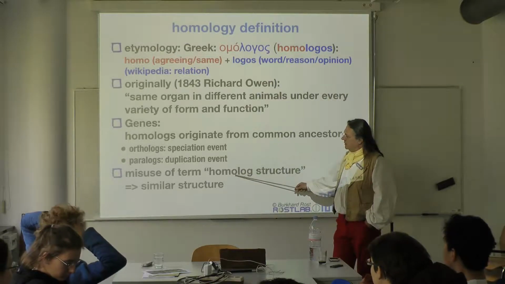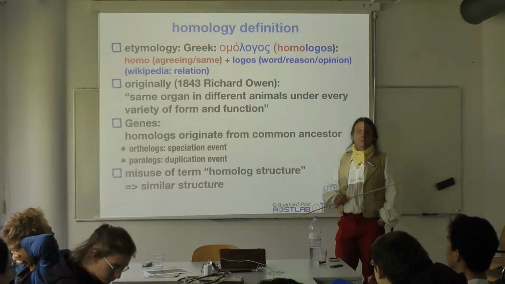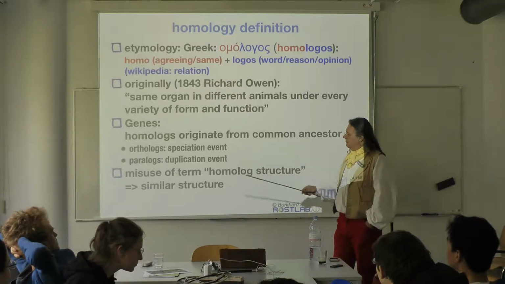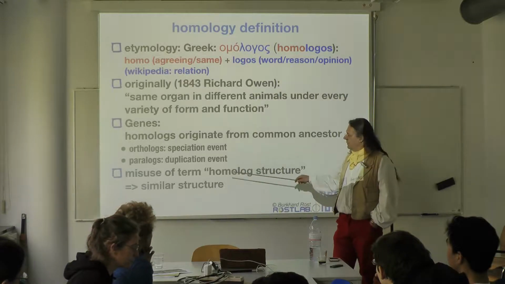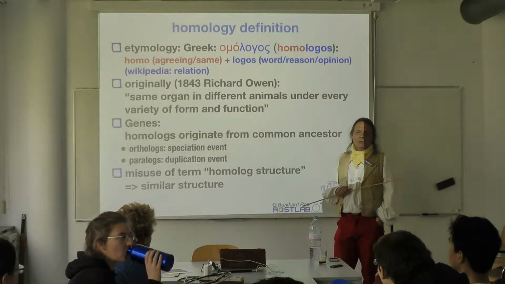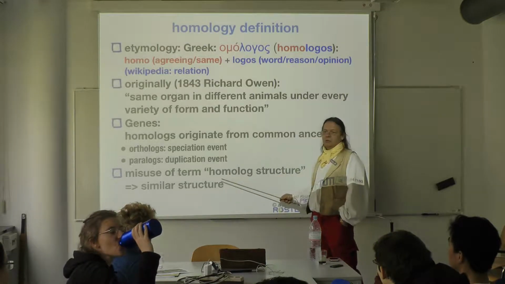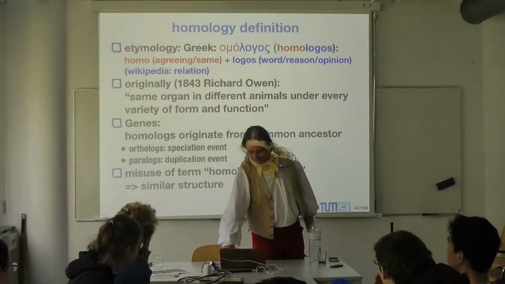And ultimately, what we have to remember is that homology is a completely misleading term for whatever we do. That does not mean you will not find it. Most likely, you will find the word homology, homologous structure, much more often than the word similar structure, although this is totally nonsense. But it's just important to remember that.